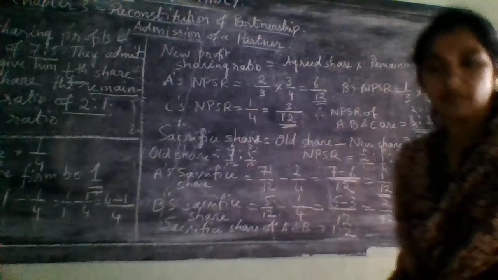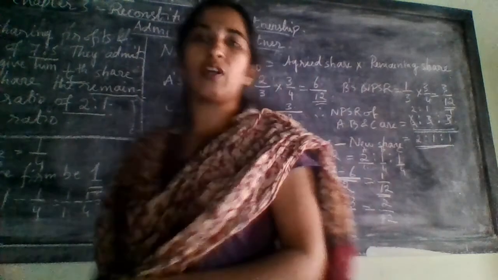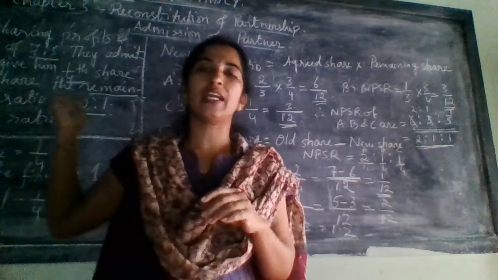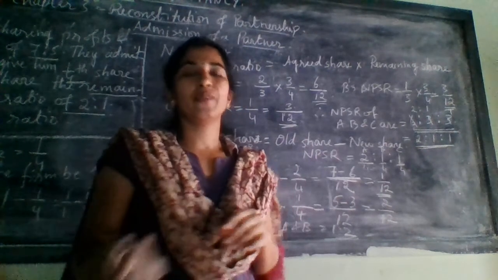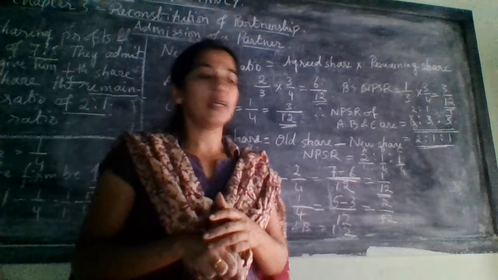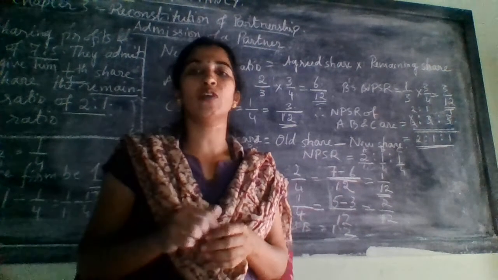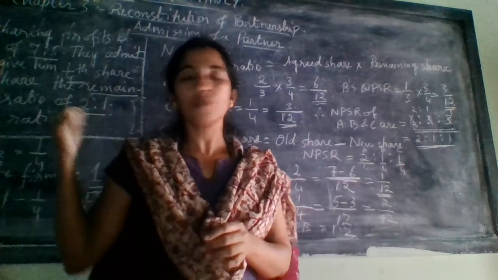Dear students, one more request. Some of you still do not have the question bank. These are all for 6 marks, so I can write them on the board and solve the problem. But when it comes to 12 marks, it is not possible for me to write all the problems on the board.